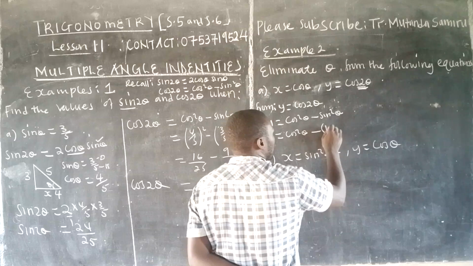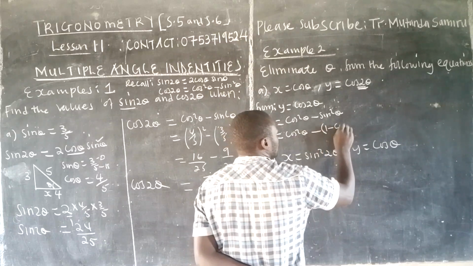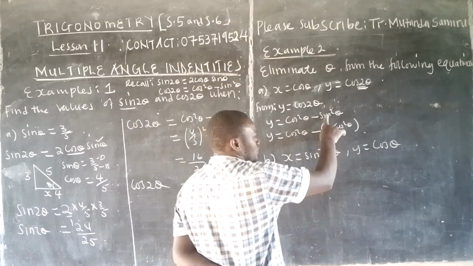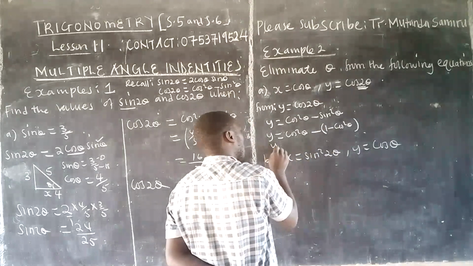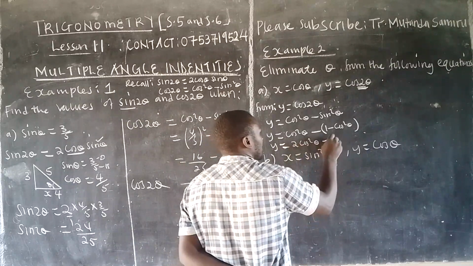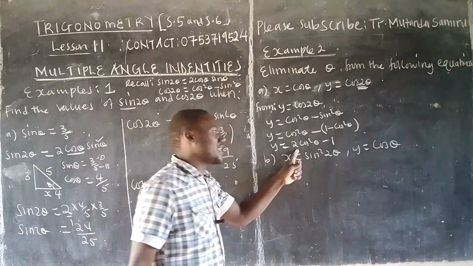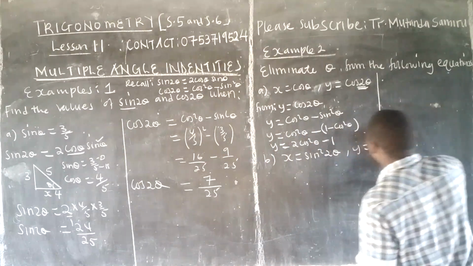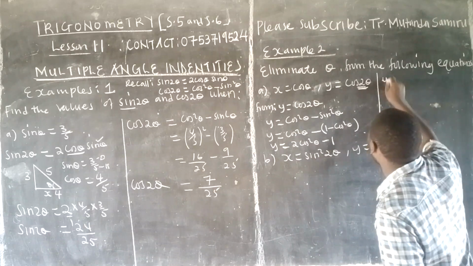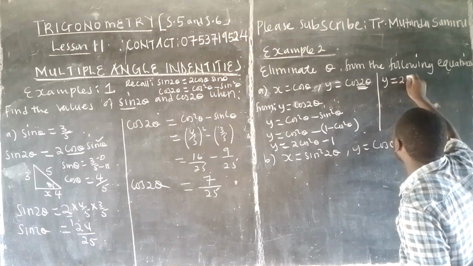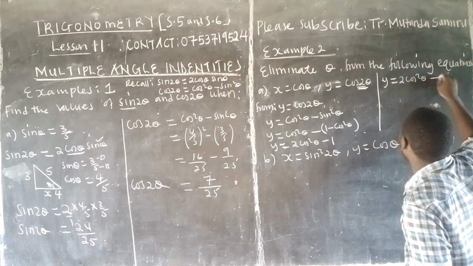This will be 1 minus cos squared theta. I'm getting this from sin squared plus cos squared is equal to 1. When you make sin squared the subject, you get this. I've substituted, so the value of y will be 2 cos squared theta minus 1. We have this identity proved somewhere for you. You can go back in the videos and refer. So here we say y is equal to 2 cos squared theta minus 1.